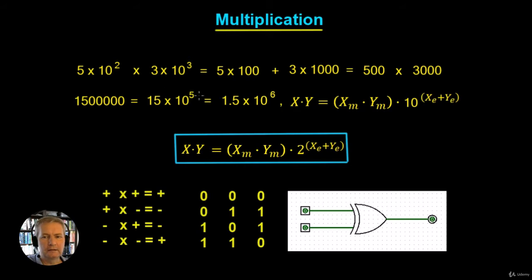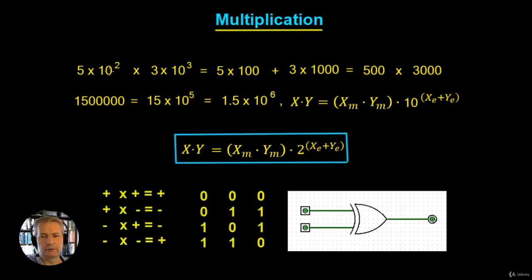So how did we get to this number? Well, we got to this number by multiplying the 5 and the 3 and adding the 2 and the 3 to give us the value of 5. If we think about this number 5 and the number 3 as being equivalent to the Mantissas, then we get the multiplication by multiplying the Mantissas together to get 15.